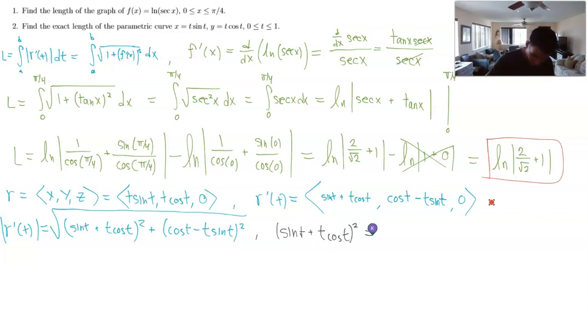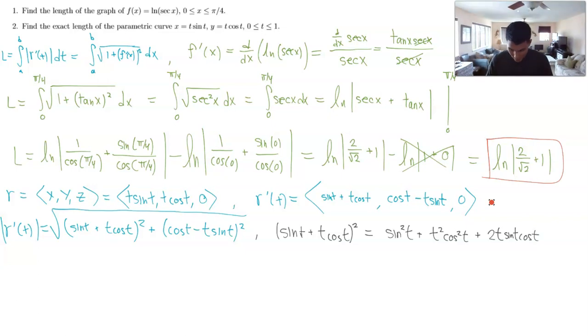It's going to be sine squared t plus t squared cosine squared t, plus, well, these guys will also be times each other, right? So then we'll have 2t sine t cosine t.